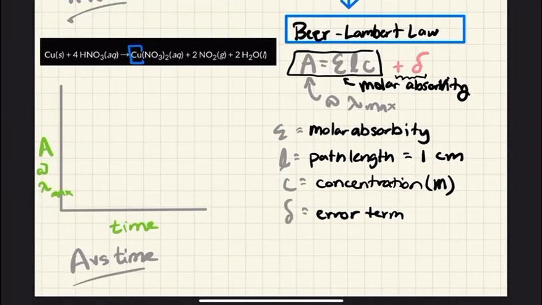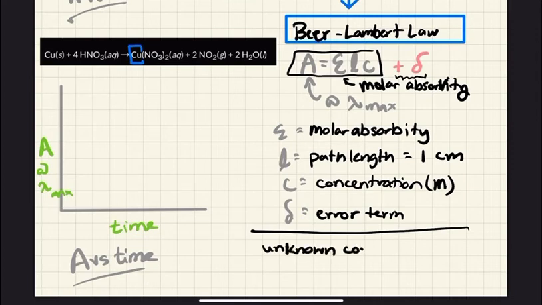And so when you later want to measure an unknown concentration, this is where the Beer-Lambert law becomes really important. If you have an unknown concentration and you already obtained a value for your molar absorptivity, that's really the goal of making a Beer-Lambert plot.